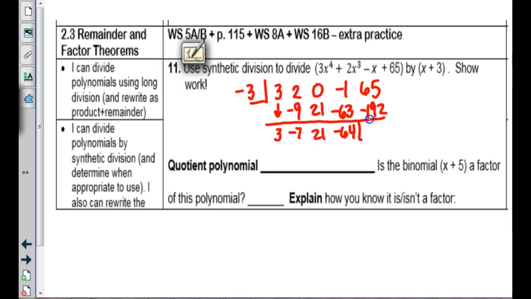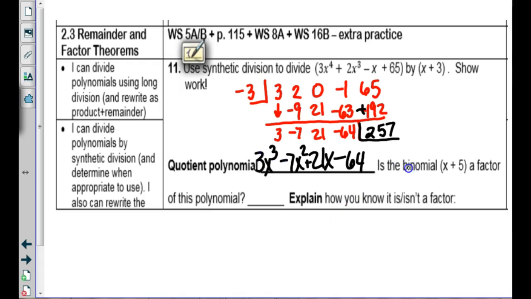So it's not going to affect the outcome of my answer in terms of whether it's a divisor. But yes, this should have been 257. Okay. All right, so the quotient polynomial, the 64 is constant, the 21 gets an x, the negative 7 is an x squared, and then there's a 3x cubed out here.